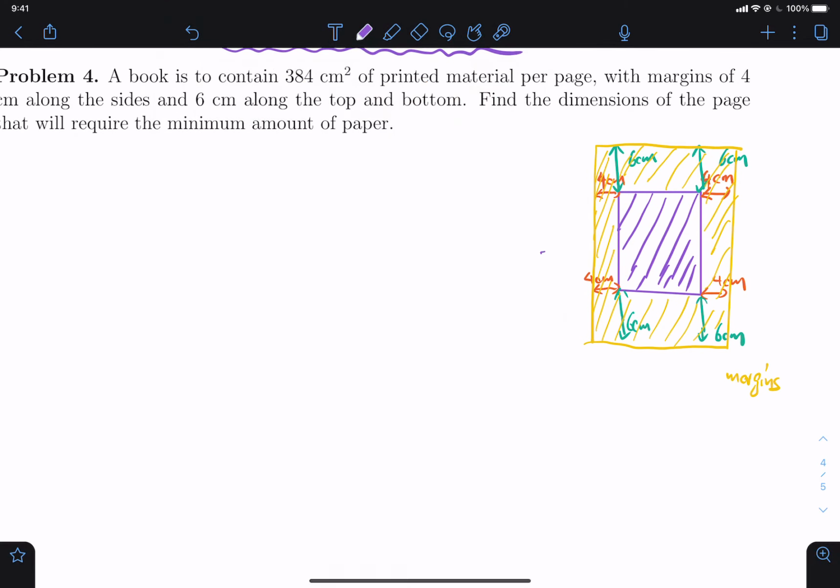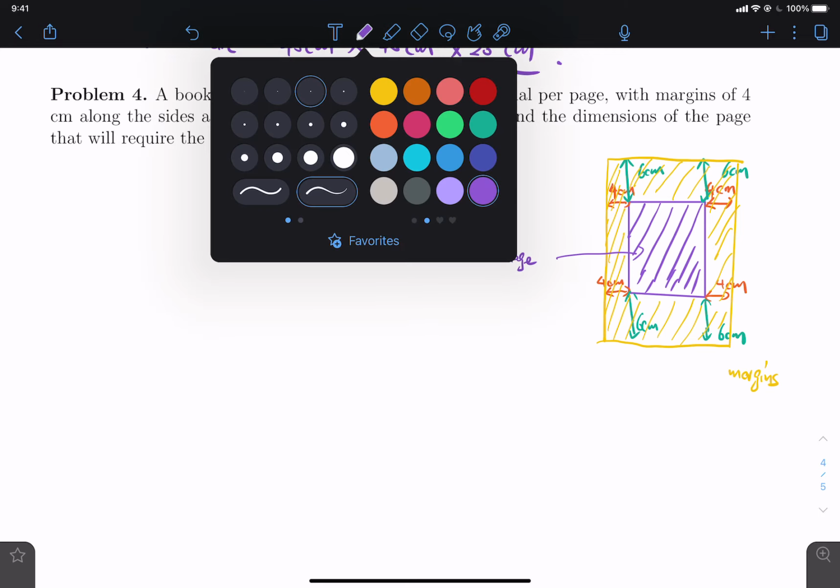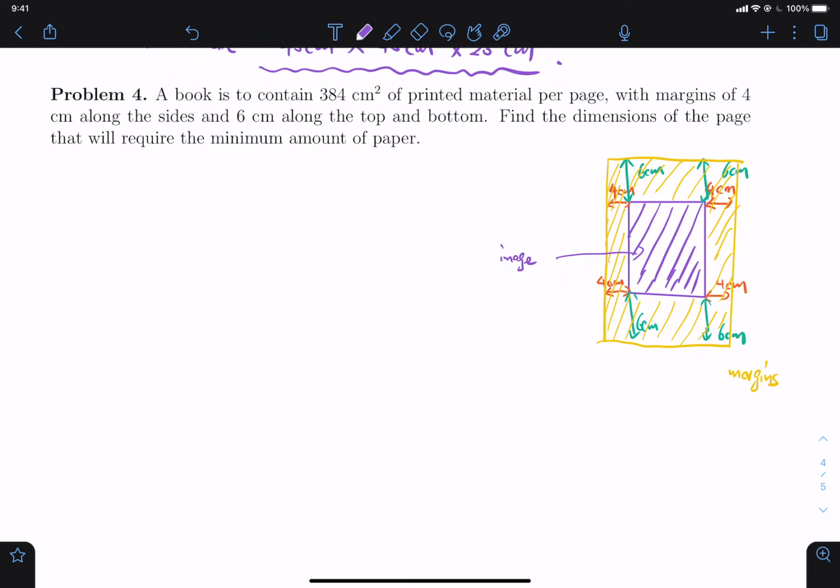Okay, so that is basically what it looks like. And our goal is to minimize, of course, the amount of paper, right? So we don't have to use that much paper. So now let's figure out our target function here. The target function, of course, is the area of this large rectangle.